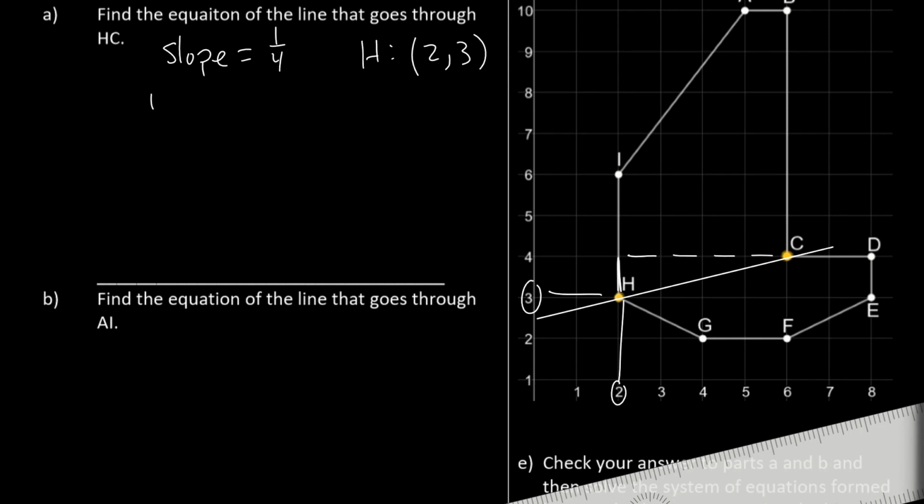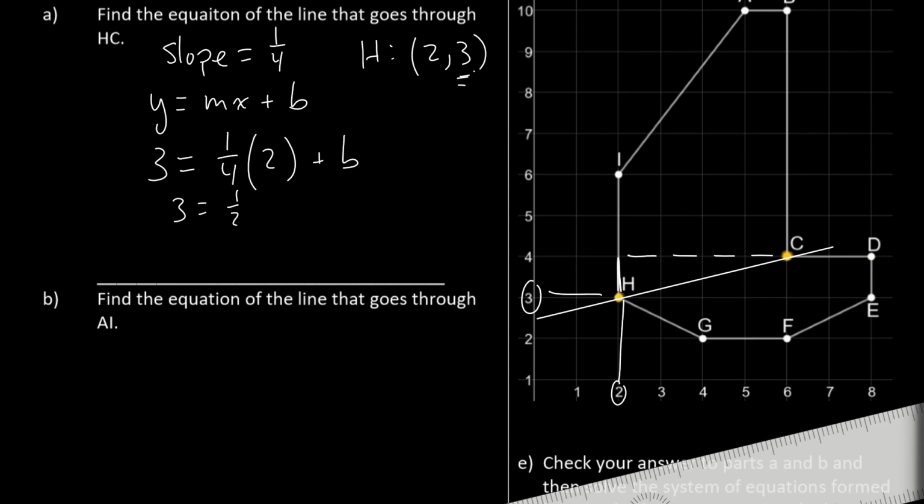So I'm just going to plug things into y equals mx plus b. My y value is the 3, so I've got 3 equals my slope 1/4 times x, which is 2, plus b. So 1/4 times 2 is a half, so I've got 3 equals 1/2 plus b. That means 3 minus 1/2 is b, which is 2.5.